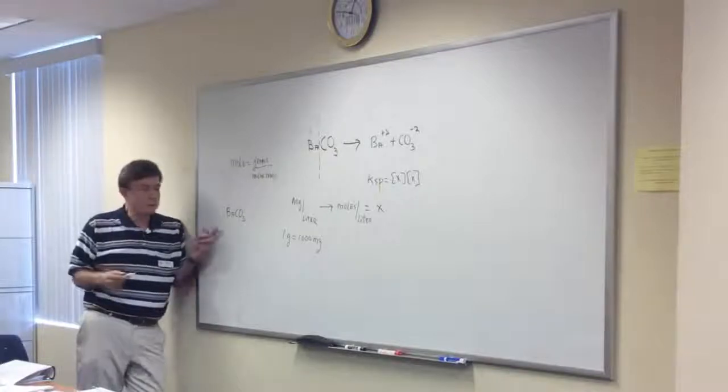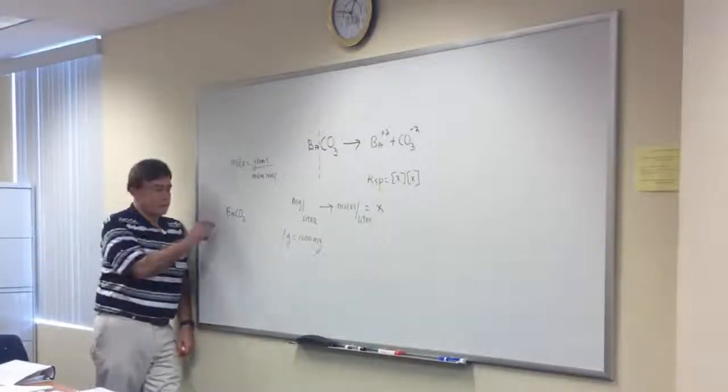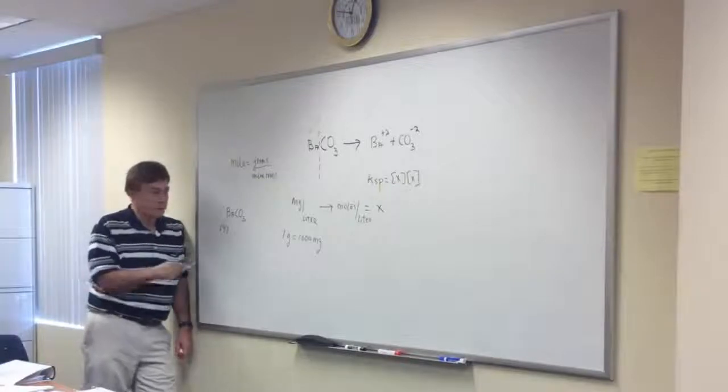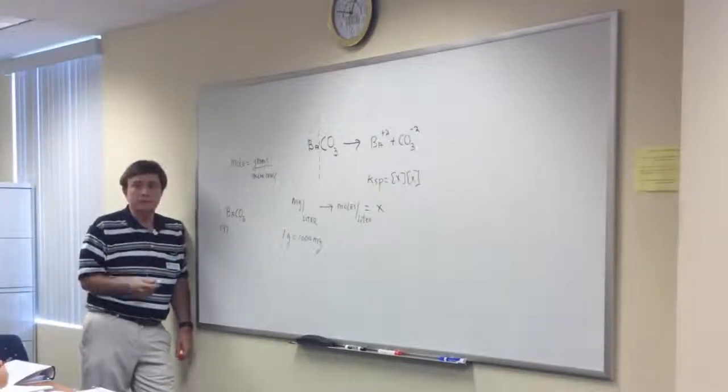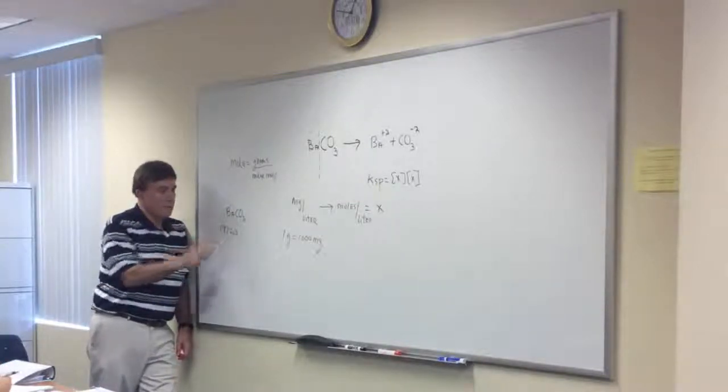What did you get for the molar mass of BaCO3? I got 203.3. 197. What did you get? 197. I got 203, I must have counted wrong. If you're outvoted, something happened.